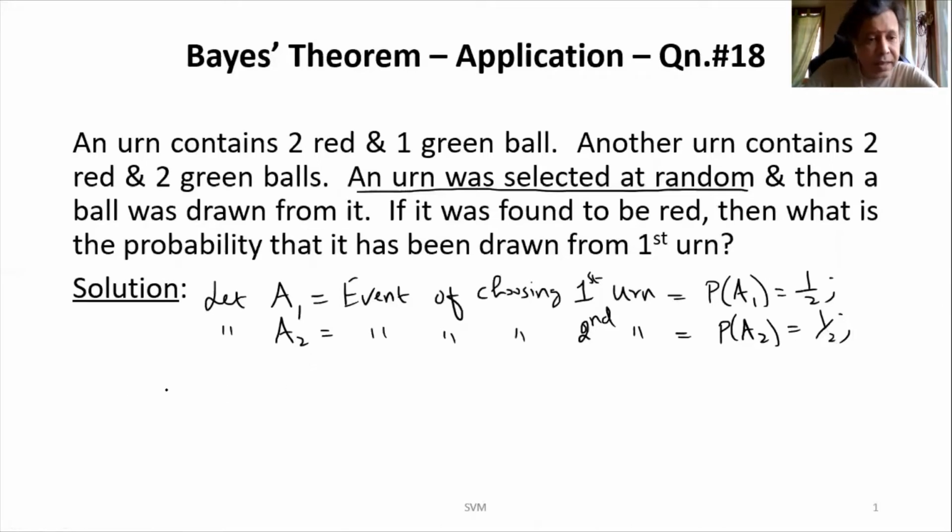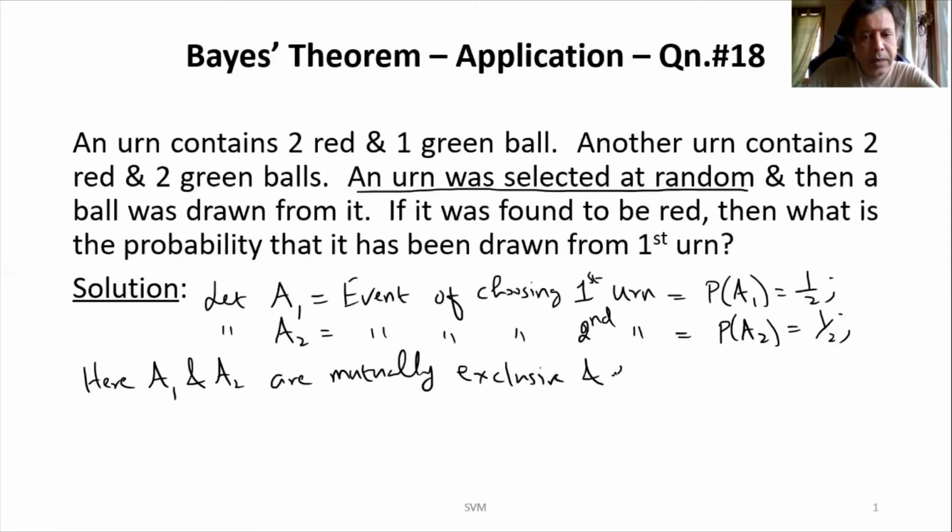So I can say here clearly, A1 and A2 are mutually exclusive and exhaustive events.